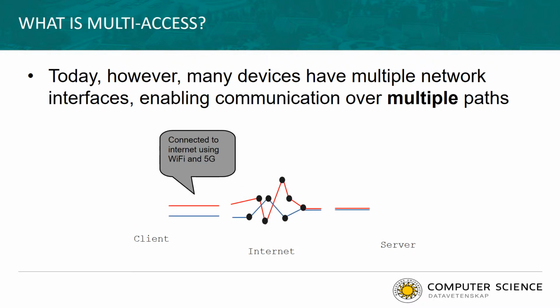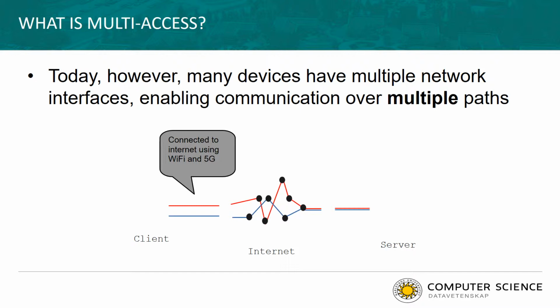Today, of course, however, most of the devices that we use have multiple network interfaces available. If you think about your mobile phone, for instance, it will have both a Wi-Fi connection and a cellular connection. So it's actually possible for us today to communicate over multiple paths.